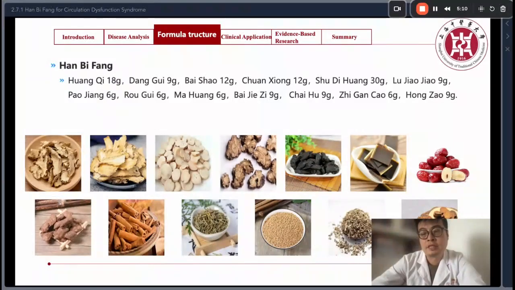Here's what makes Han Bi Fang so powerful. It's careful and balanced. Warming herbs like 肉桂, 泡姜, and 麻黄 drive out cold.